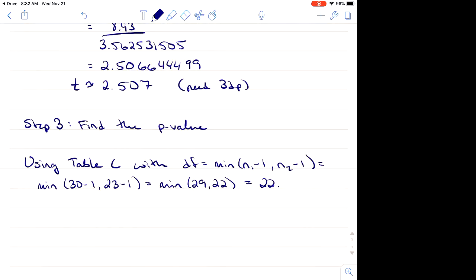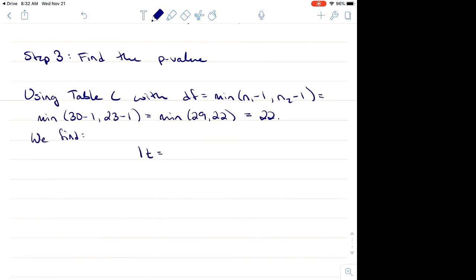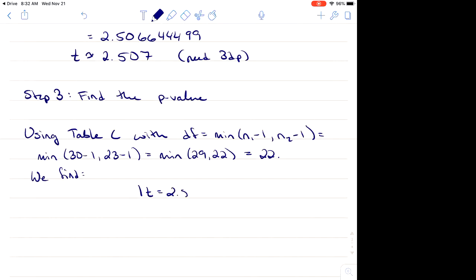We have our degrees of freedom, so using our table C with 22 degrees of freedom, we go in here, and I'll just put the absolute value of t in the center here, t equal to 2.507 is between 2 values. 22 is on the table, so we don't have to round down. We can just use 22.